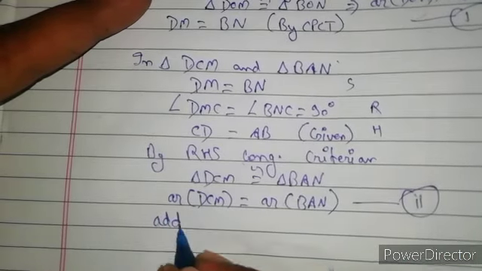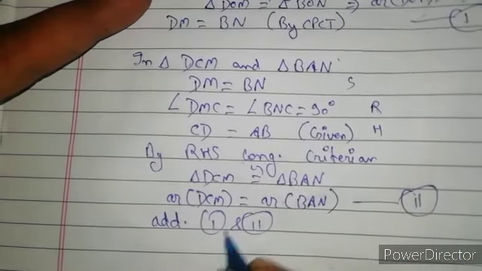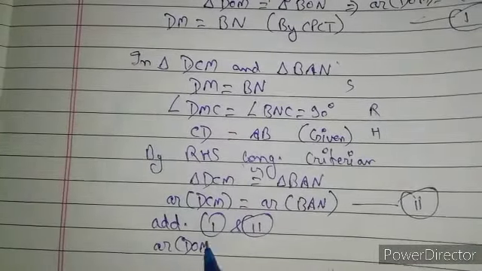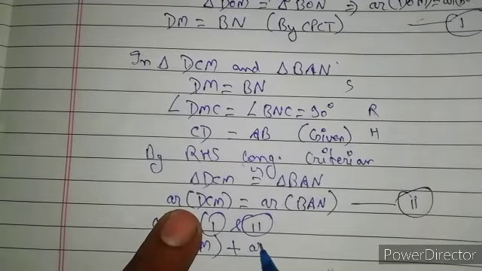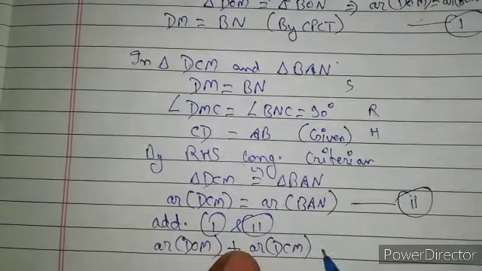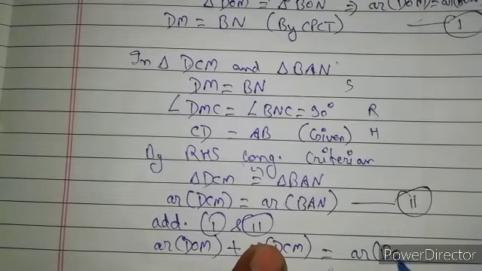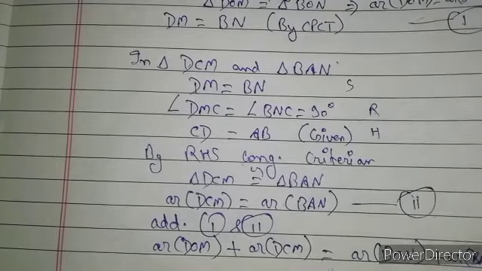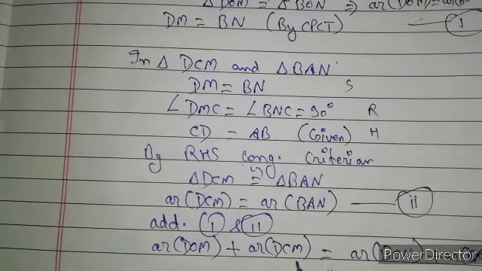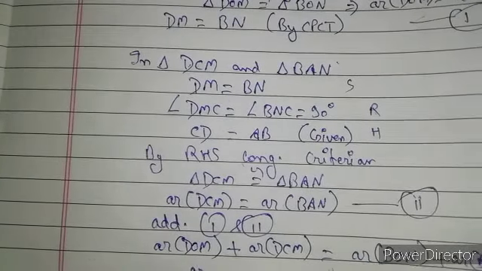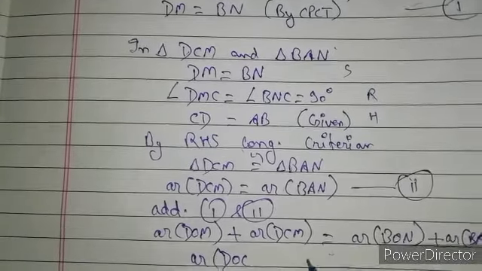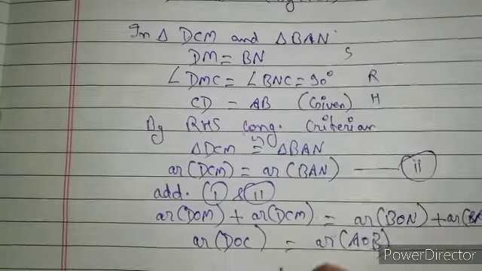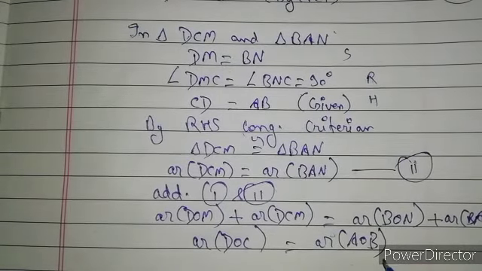If we add the first and second, from the first we have area of DOM plus area of DCM is equal to area of BON plus area of BAN. Area of DOM plus area of DCM is nothing but area of DOC, and it is nothing but area of AOB. This is the first part that we had to prove.